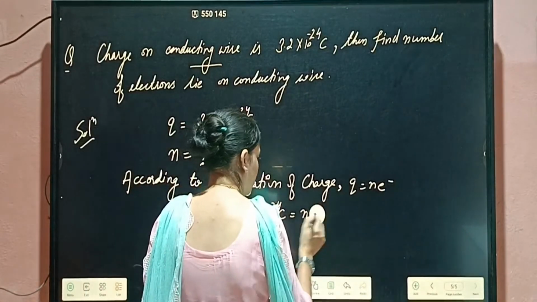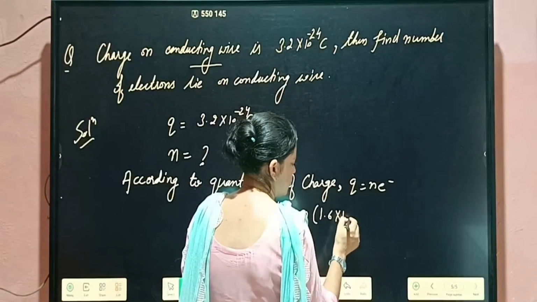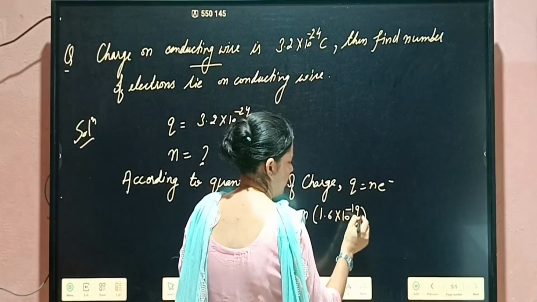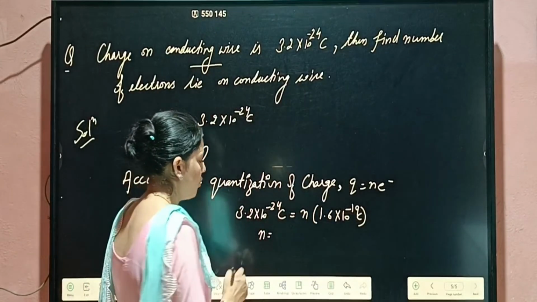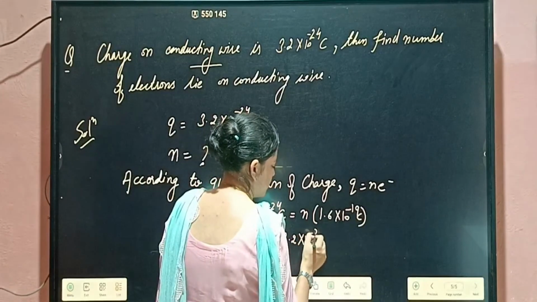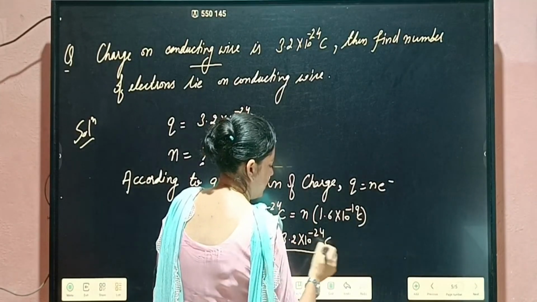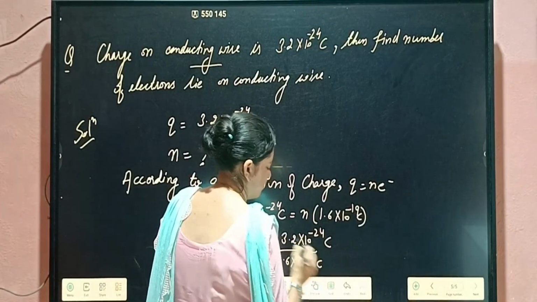We can put the value of e: e equal to 1.6 into 10 raised to power minus 19 coulomb. This is given, and n you have to find. So for n, we can write 3.2 into 10 raised to power minus 24 coulomb divided by 1.6 into 10 raised to power minus 19 coulomb.